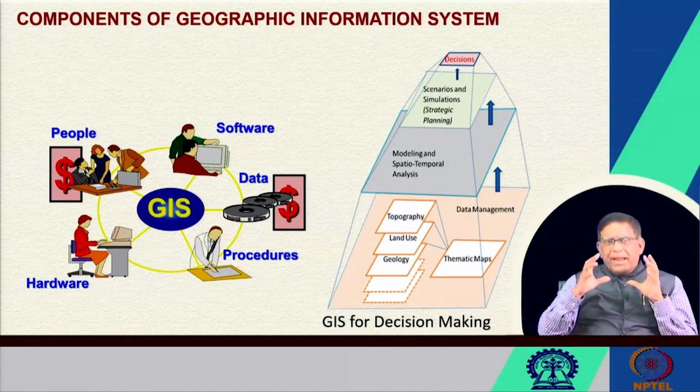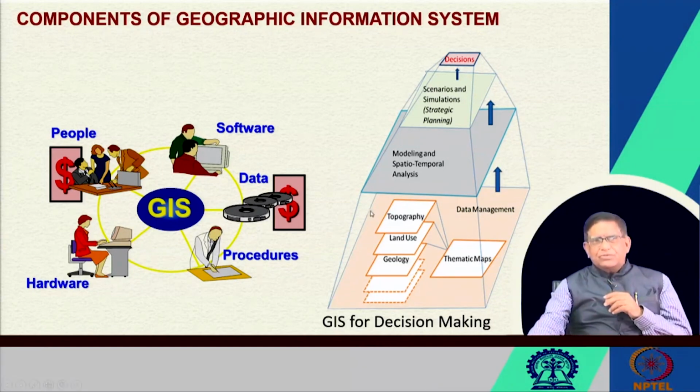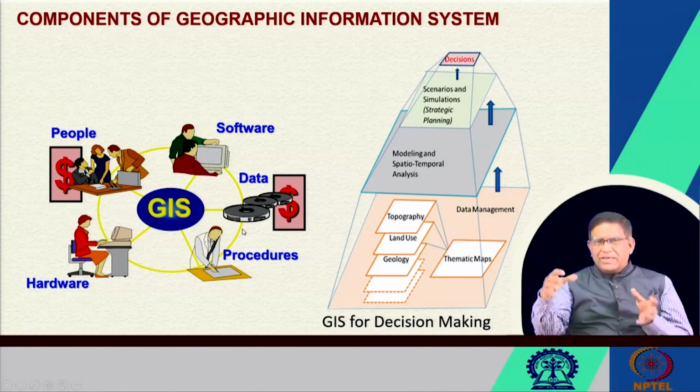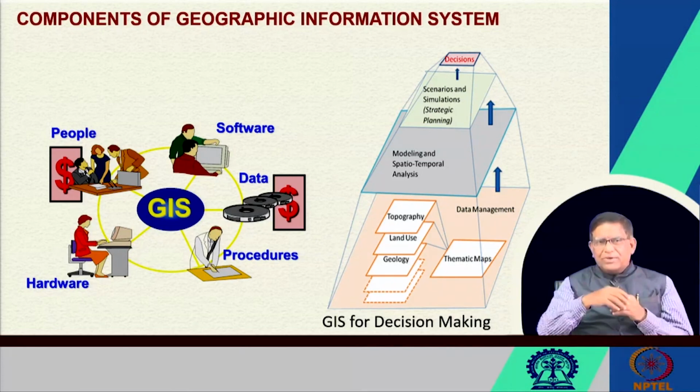The main components for GIS to work: it has to have the software, like ArcGIS, QGIS, Geomedia, Geomatica. Different companies have different software. Then you need the data you have collected from your area, and you have to learn the procedures for how this data will be put into the GIS.